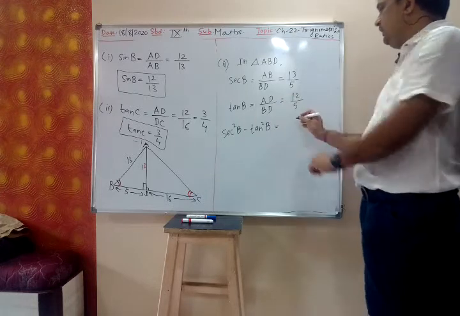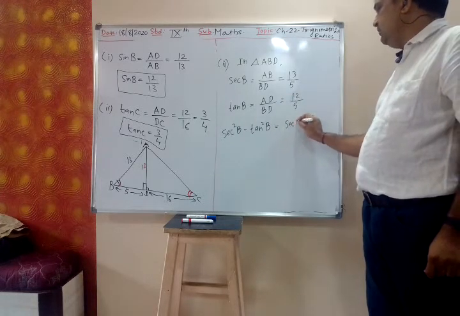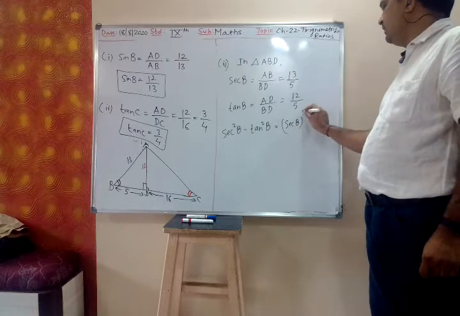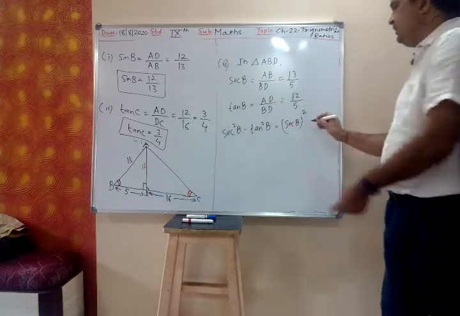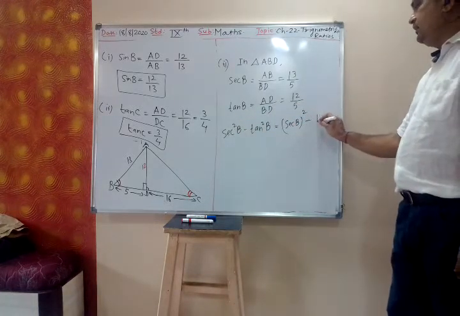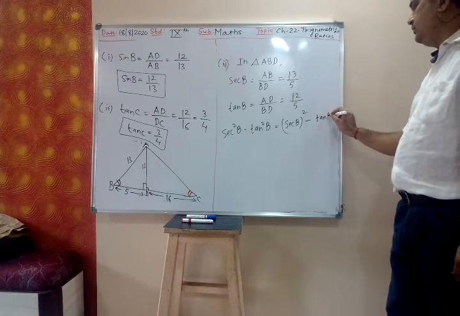Sec square B is nothing but sec B whole square. This you remember. Tan square B is nothing but tan B whole square.